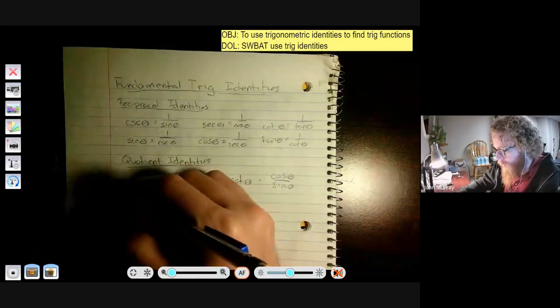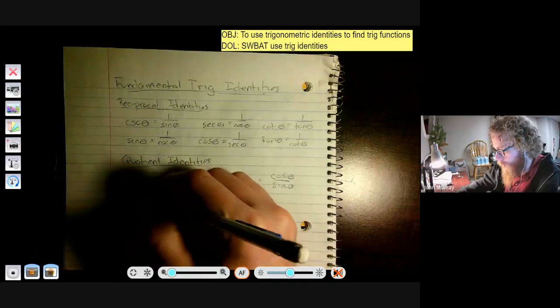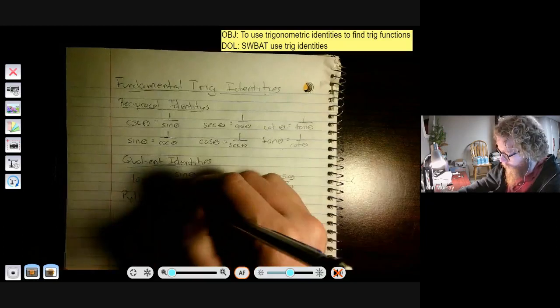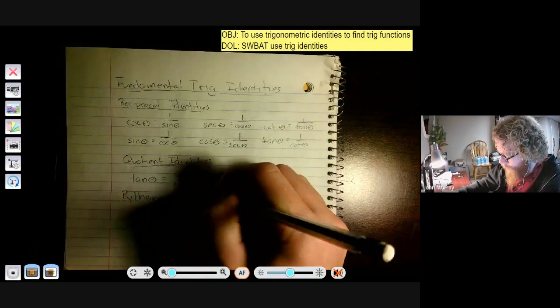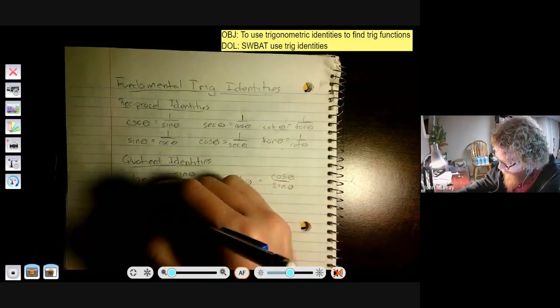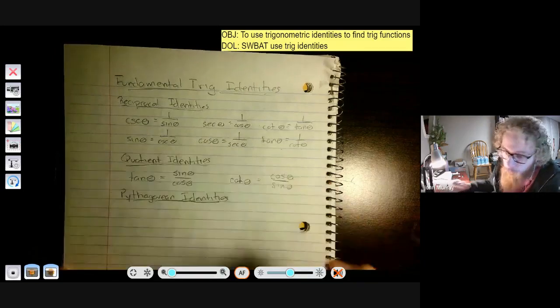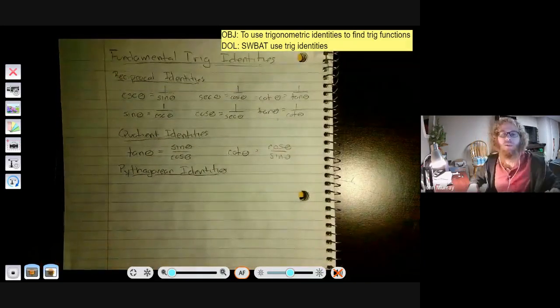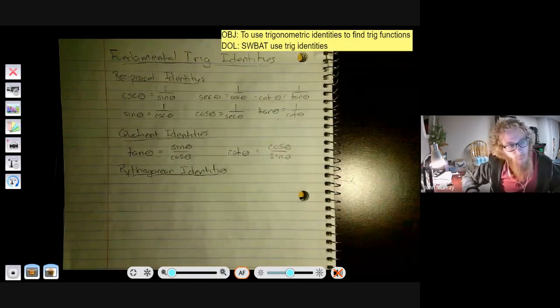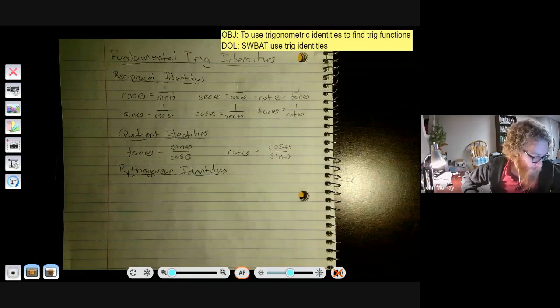Now, these last three. They come from a few different things. They come from the unit circle, and they come from triangles. Okay, that is why they're called Pythagorean identities.